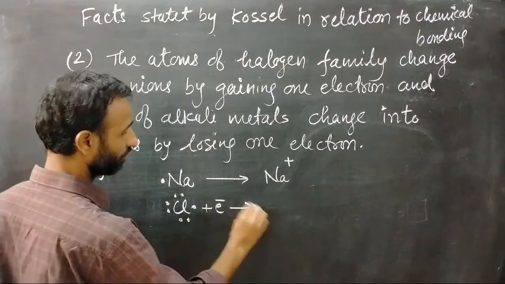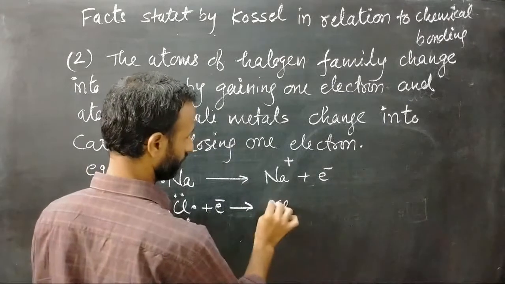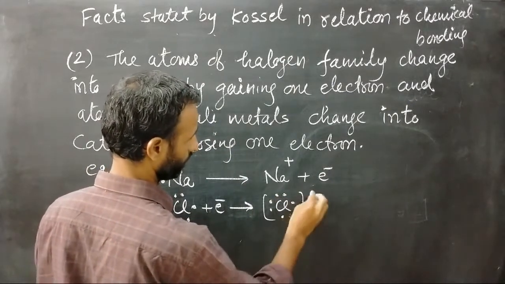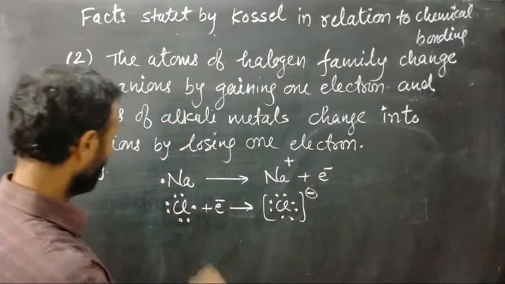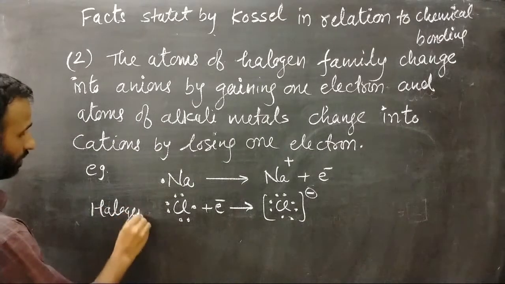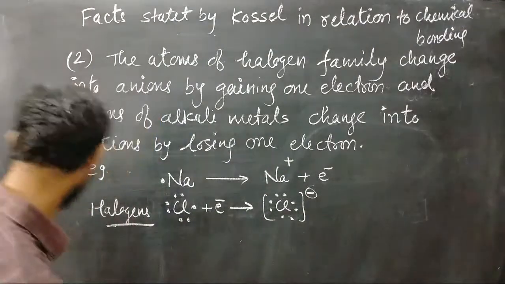After gaining one electron, it forms an anion. Halogens form anions, alkali metals form cations.